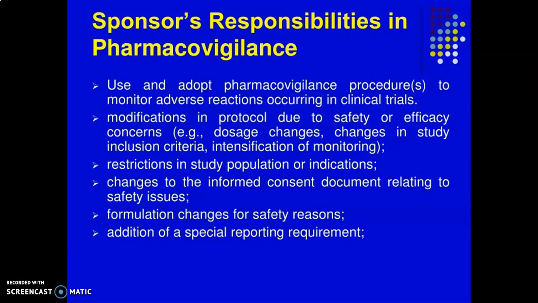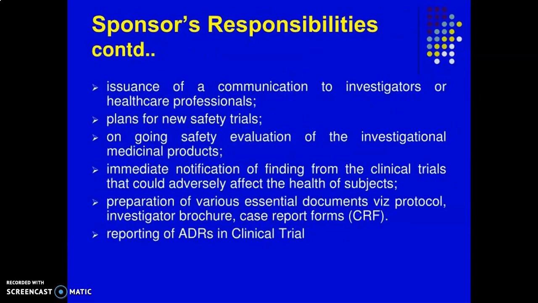This is all the responsibility of the sponsor. Restriction in the study population or indication. Any changes to the informed consent document related to safety issues. They do periodic reviewing, and they are going to change it also. Formulation changes for safety reasons, if anything is required, they may go with. And addition of special reporting requirements. These are all the responsibilities of the sponsors.